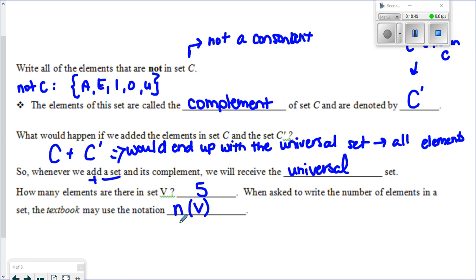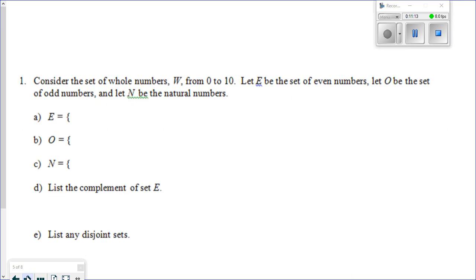If it says N before it, that's just asking the number of elements within set V. So if that pops up and you're confused as to what N(V) means, that's what it's looking at.